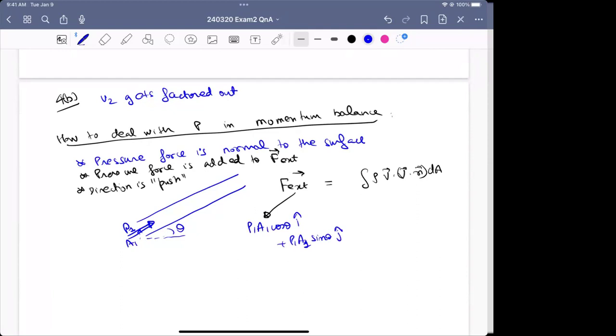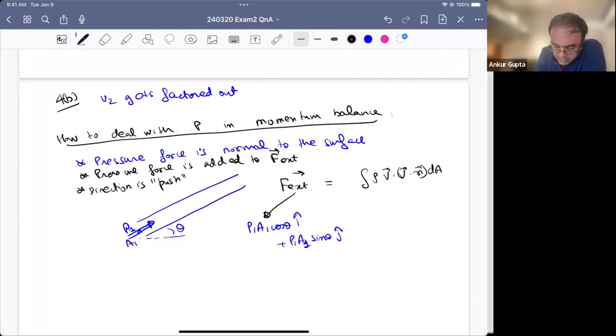Now if I had P2 on the other side, this will push in the opposite direction. It's again normal to this side, but it will push in the opposite direction. So if this is theta, then this is theta.